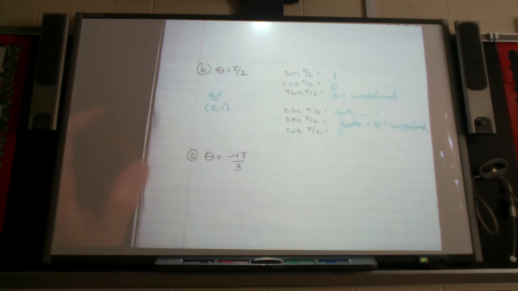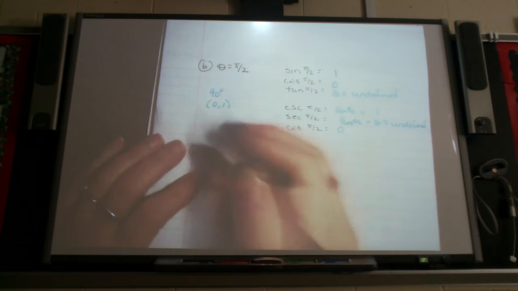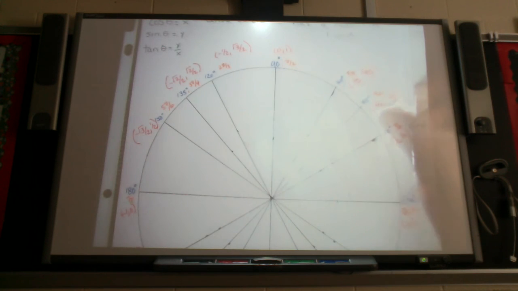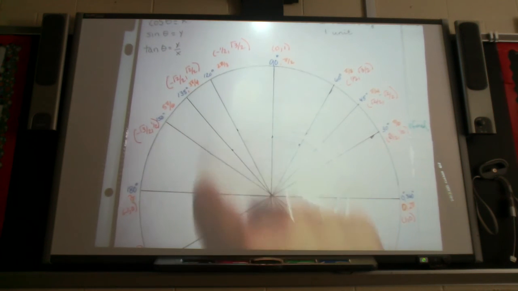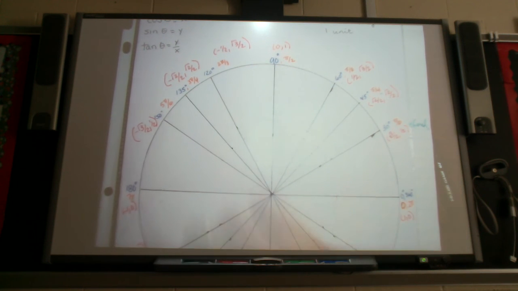What if I say I want theta to be negative? What does that negative do for us? We start here and go this way. That's positive. So if it's a negative angle, which way do we go? The other way.